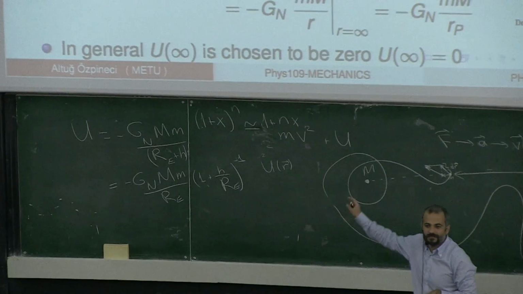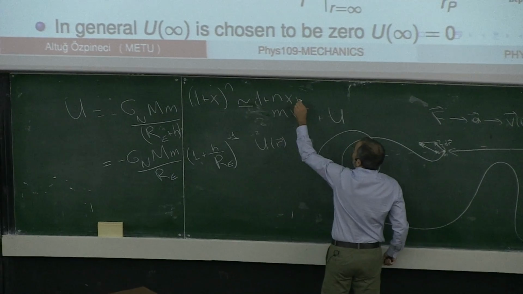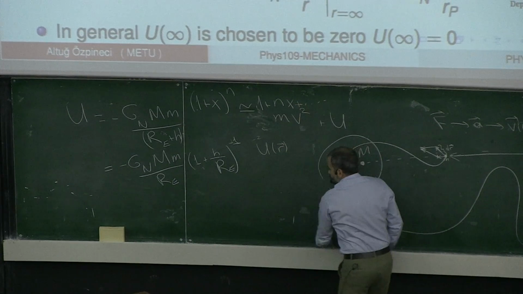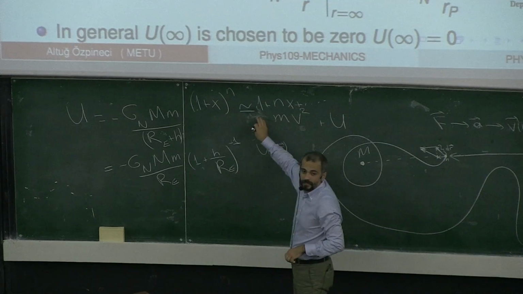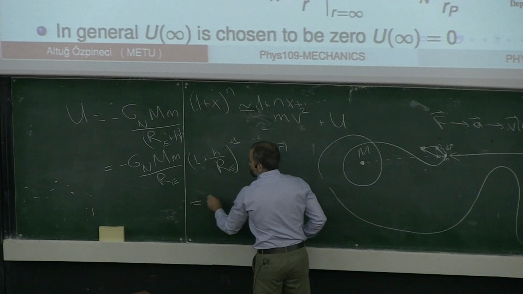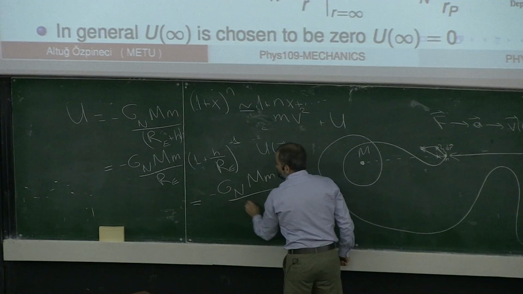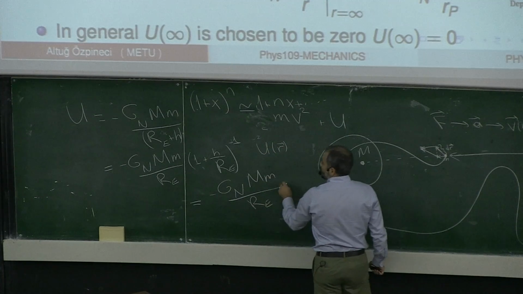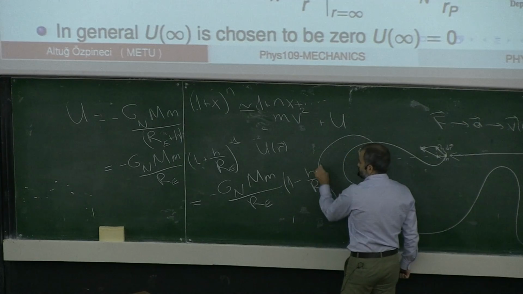This is called the Taylor expansion. Of course, it goes until infinity, but for our purposes, this will be enough. So if you use that, this is equal to minus G M m over the radius of the Earth, times (1 minus h over the radius of the Earth).